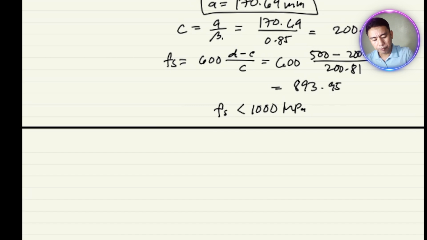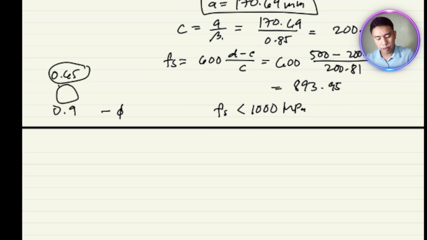Okay. But if less than, di ba tatlo yun? We have 0.65 and then meron tayong 0.9. So this one is purely tension controlled. And then in between that one, ito 0.65, ito yung compression controlled. Okay?